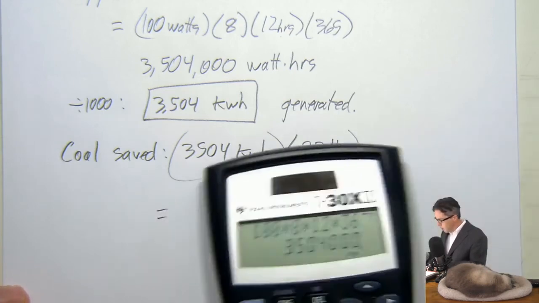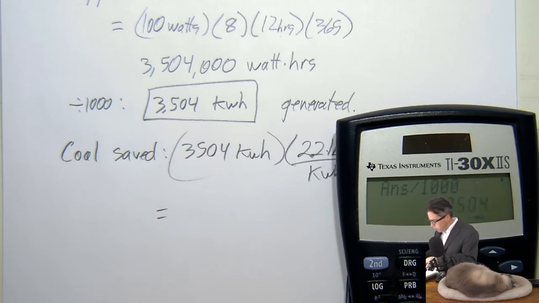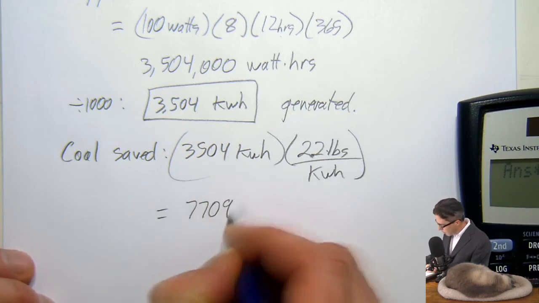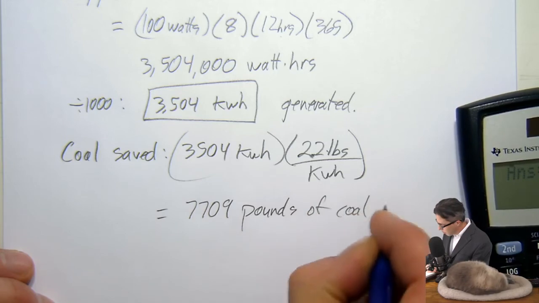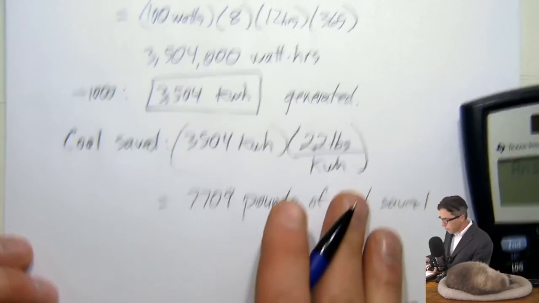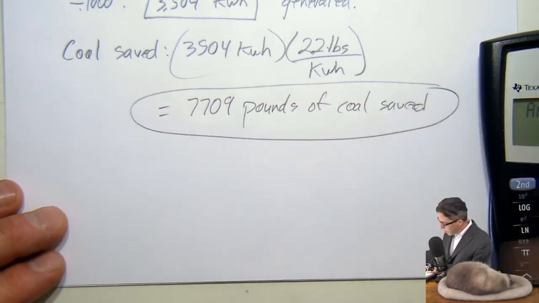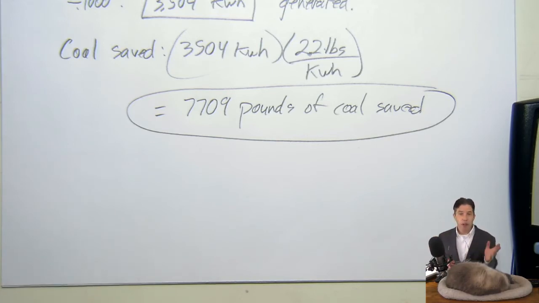So I'm going to multiply by 2.2, which gives me 7,709 pounds of coal saved. That simple 8-panel array on my roof prevents 7,800 pounds of coal from being burned each year.